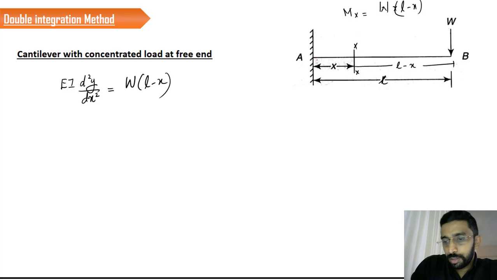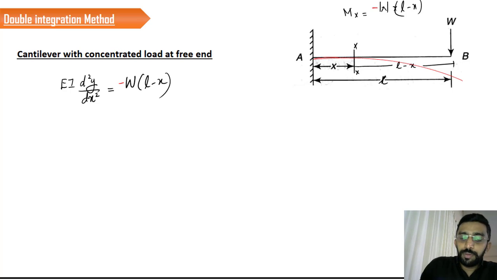If you apply a load, it is going to bend like this. And this kind of bending is hogging, so we have to impart a negative sign here. Right? Now we will integrate.